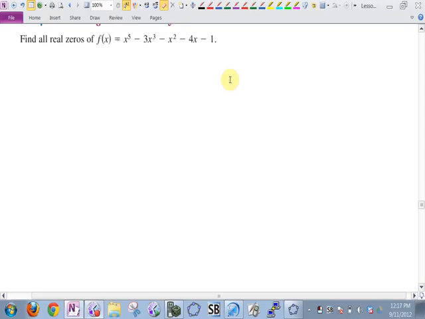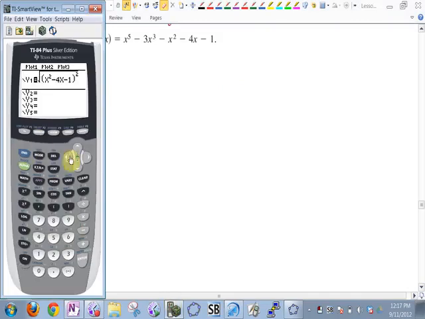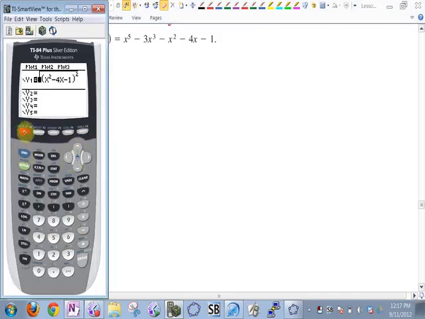Okay. So for now, I would say we graph this thing. I always start with the zoom 6.